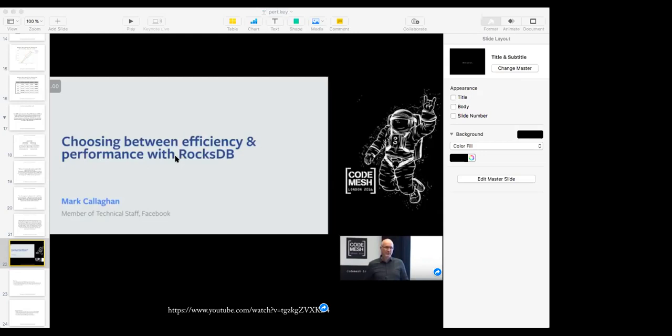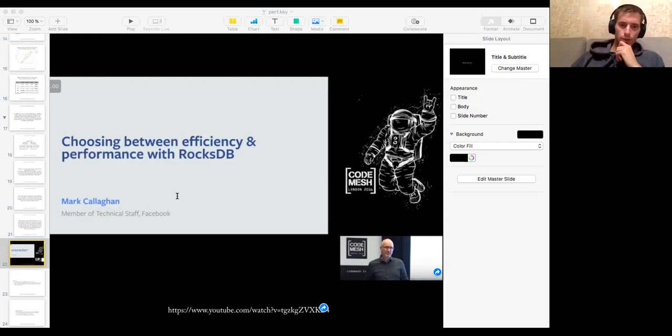Okay, cool. Anything else? Any other questions or comments or follow-up? Yeah, so there are a number of options. You can probably configure or at least tweak the compaction frequency.